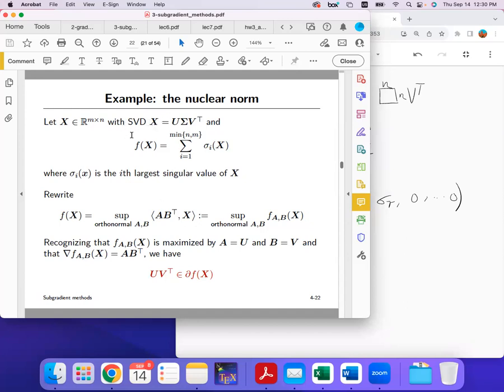And then we define f(X) to be the sum of all the singular values, where sigma_i is the ith singular value. This is a function that takes a matrix and sums over all the singular values of this matrix.